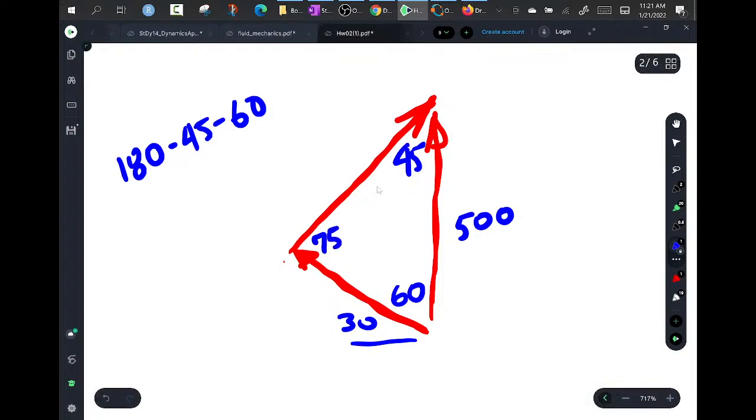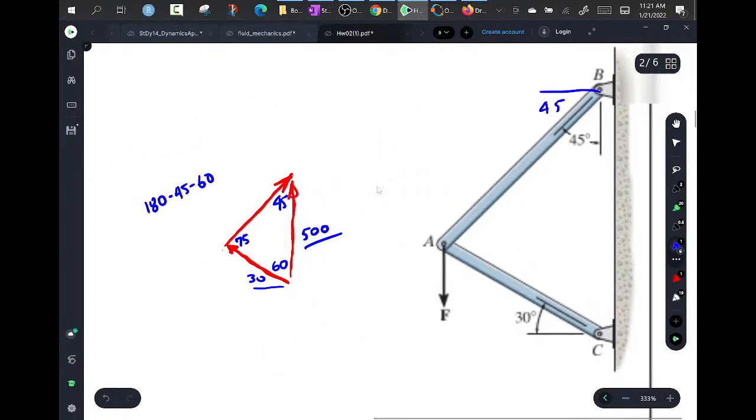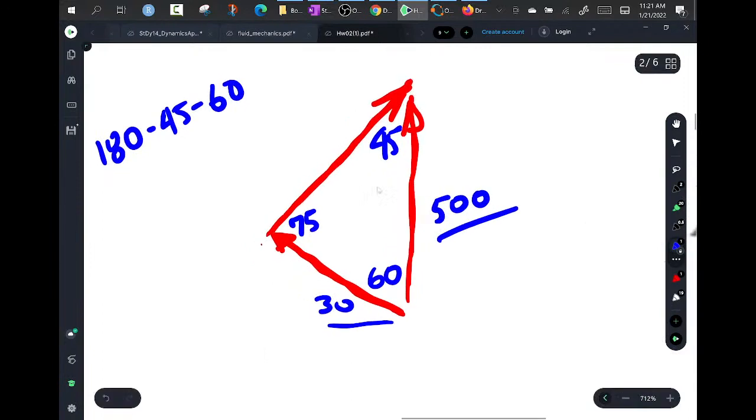Okay, so now you've got a situation where, remember, law of cosines, you have to know at least two sides somewhere. You don't have that. But you do have law of sines that can help you here. You know every angle, and you know one side. Okay, so I don't know what I called this one before, but I'll make a new symbol here.